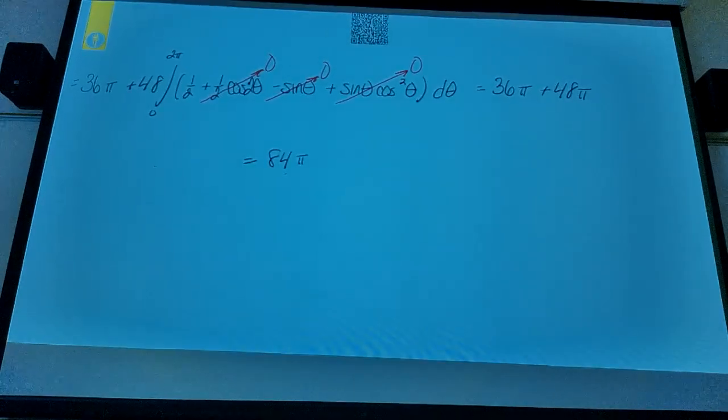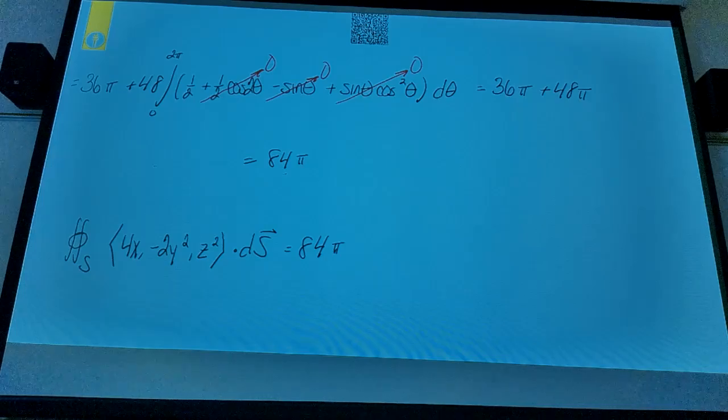You have 84 pi. There is the left-hand side of the divergence theorem.